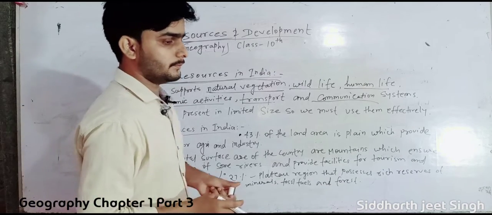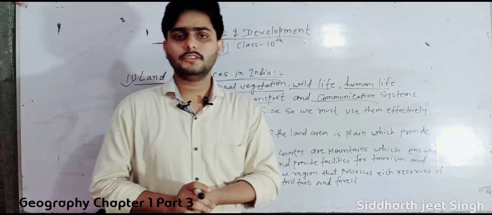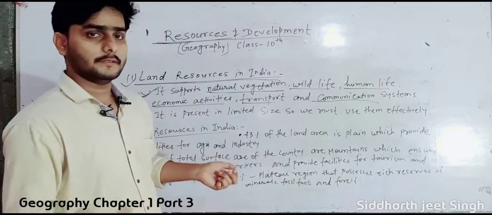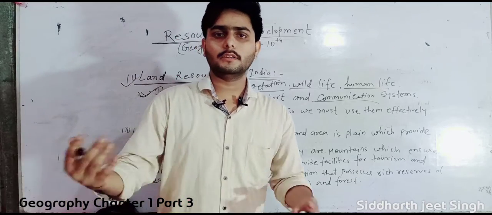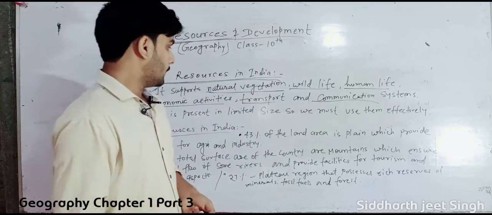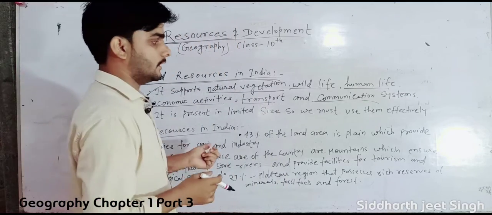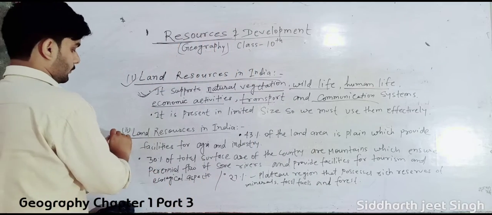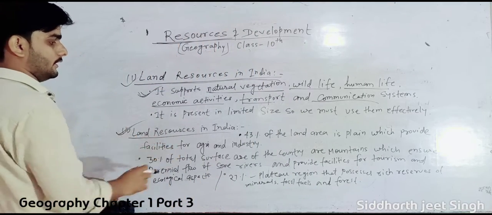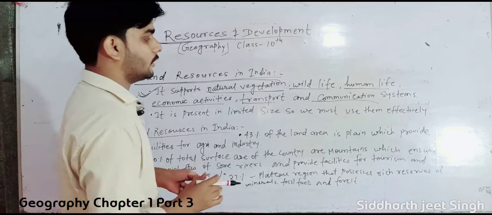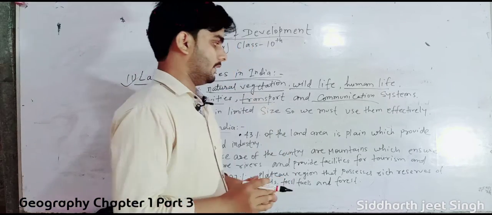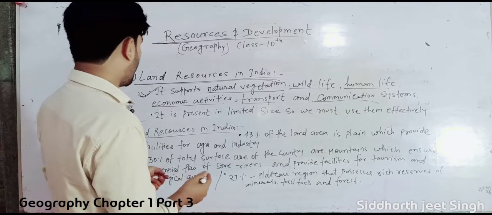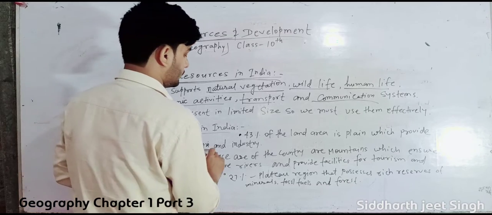We know that land is limited in size, because our population increases rapidly but land is stationary, it is not growing like a tree. So we must use it effectively because it is limited. Talking about land resources in India, 43% of the land area is plain, which provides facilities for agriculture and industry.